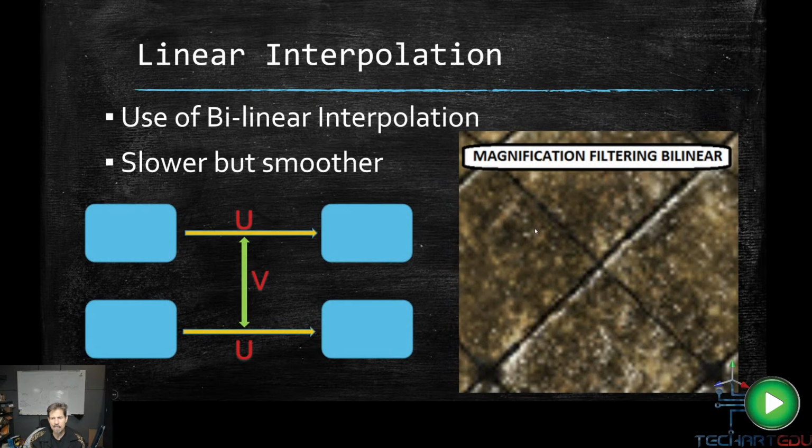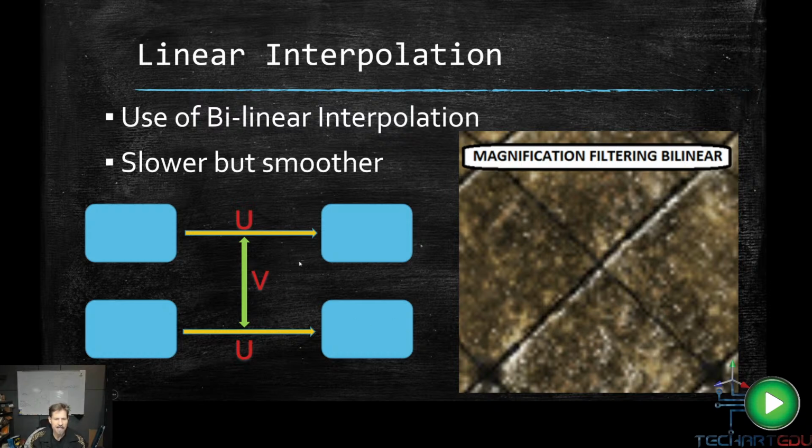Now what looks a little bit better, but is a little bit slower, is called linear interpolation. We're going to use bilinear interpolation in order to figure out what texels to use. We have the center of the pixel, wherever that is, and we use that center to interpolate between the upper two texels, however far that is, and then we do the lower two texels.